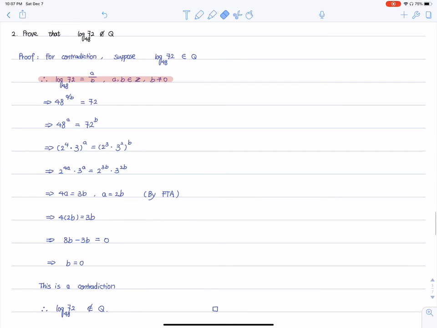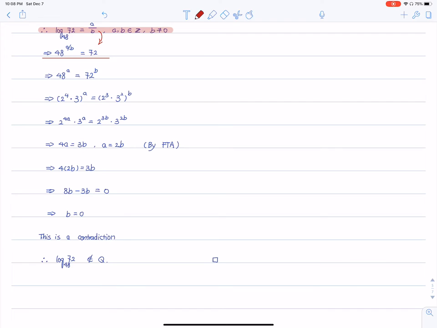Anyway, because we have this, we know 48 to the power of a over b is 72. Then we can take the power of b on both sides. We will get 48 to the power of a equals 72 to the power of b.